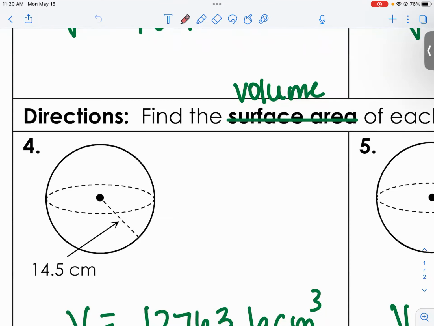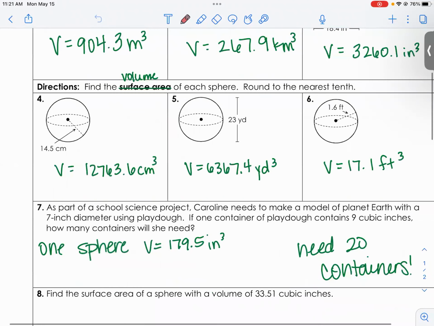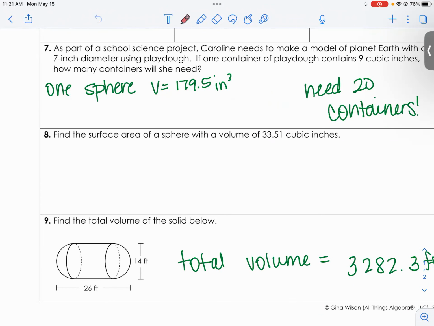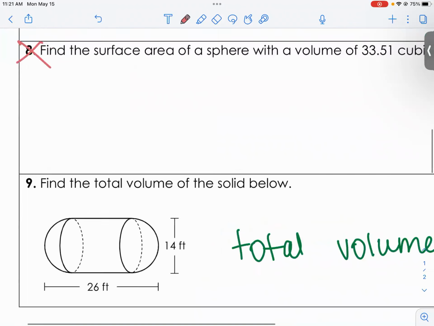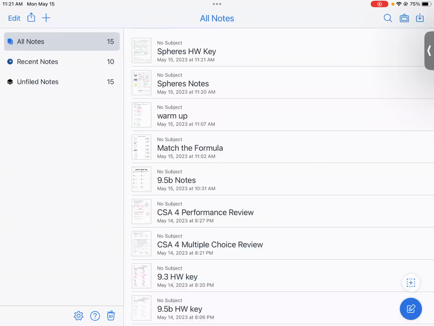And then cross out number 8. So we're doing 1 through 7 and 9. Oh, on the other side.